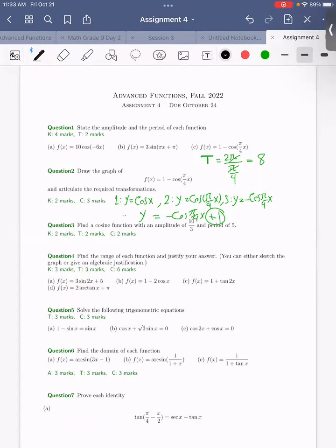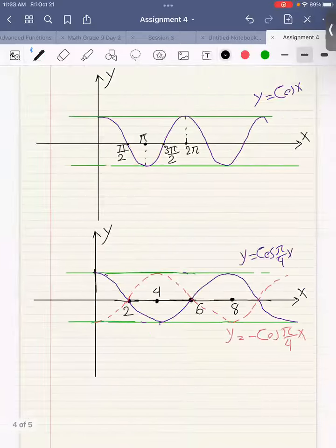Another thing is arctan. You know arctan is the inverse of tangent, and you should know the graph of arctan.